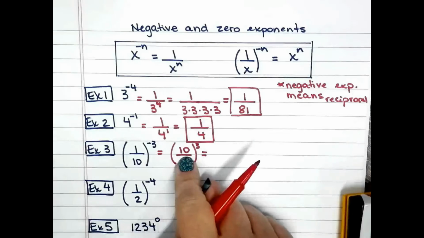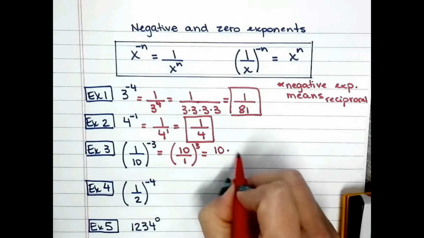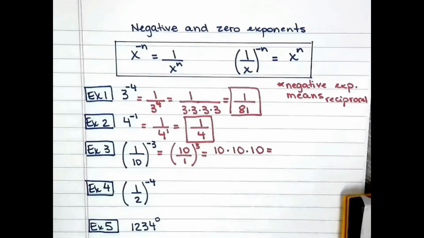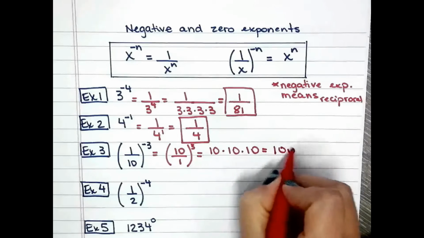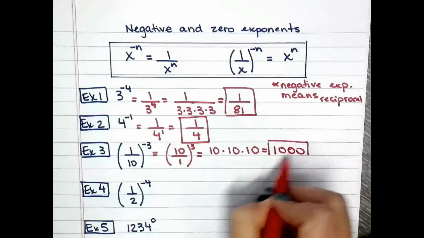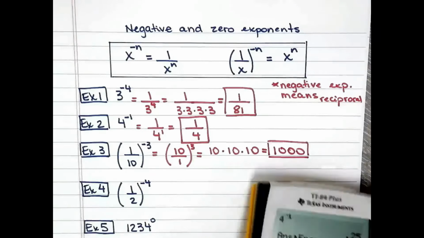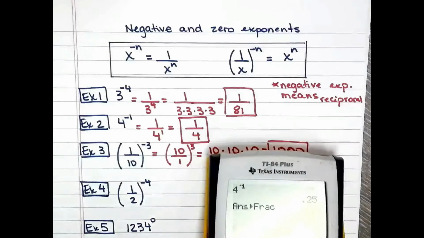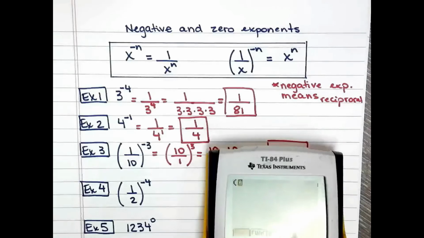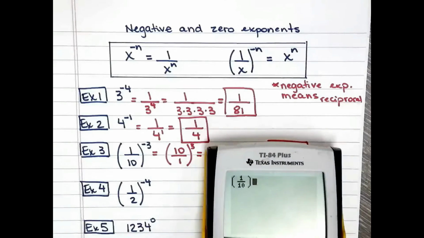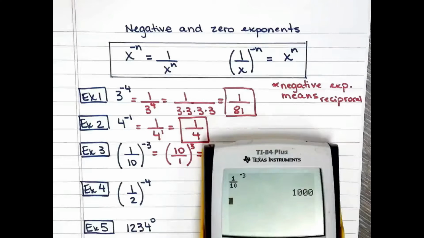This over 1 can just go bye-bye. So I just have 10 times 10 times 10, and that gives me 1 with 3 zeros, so that is 1,000. Again, if you don't believe me, make sure you use parentheses: 1 over 10, raised to the negative power of 3.